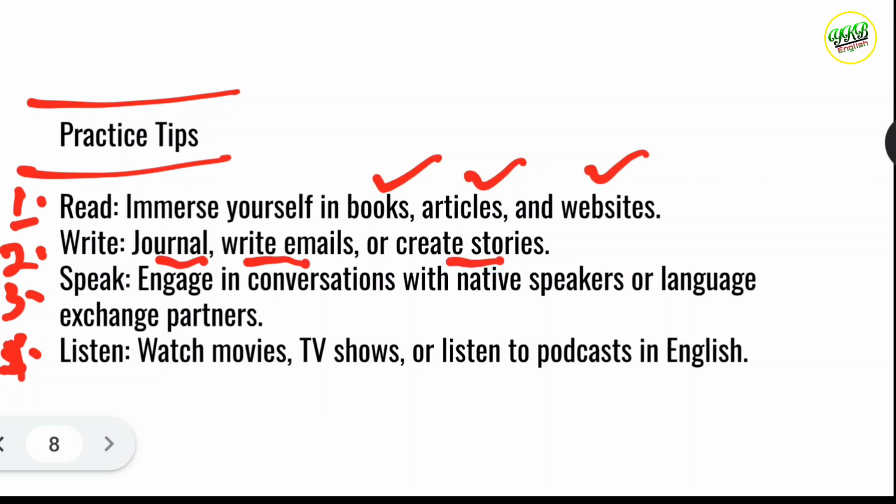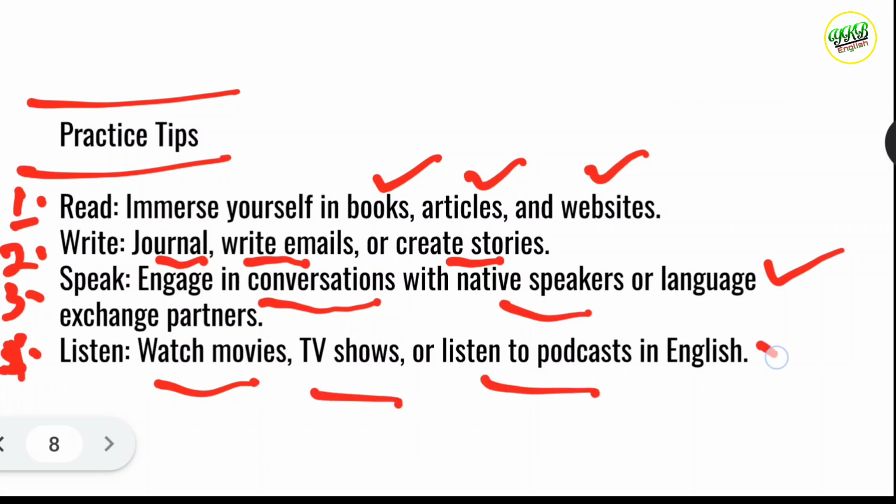Okay, speaking, engage in conversations with native speakers or language exchange partners. Okay, listening, watch movies, TV shows, or listen to podcasts in English. So these are the four ways of practicing English: reading, writing, speaking, and listening.